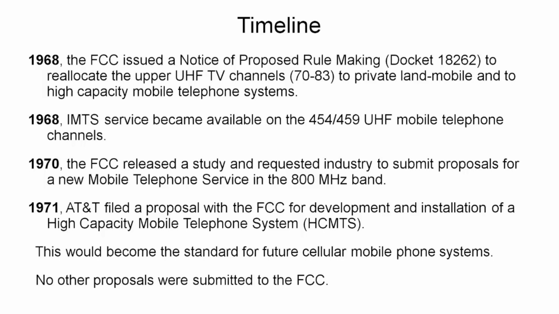In 1970, the FCC released a study and requested industry to submit proposals for a new mobile telephone service in the 800 megahertz band. In 1971, AT&T filed a proposal with the FCC for development and installation of a high-capacity mobile telephone system, which they called HC-MTS. This would become the standard for future cellular mobile telephone systems, but no other proposals were submitted to the FCC.